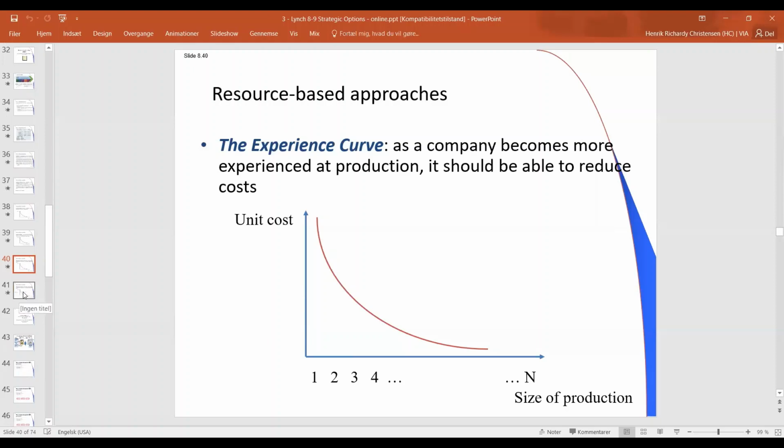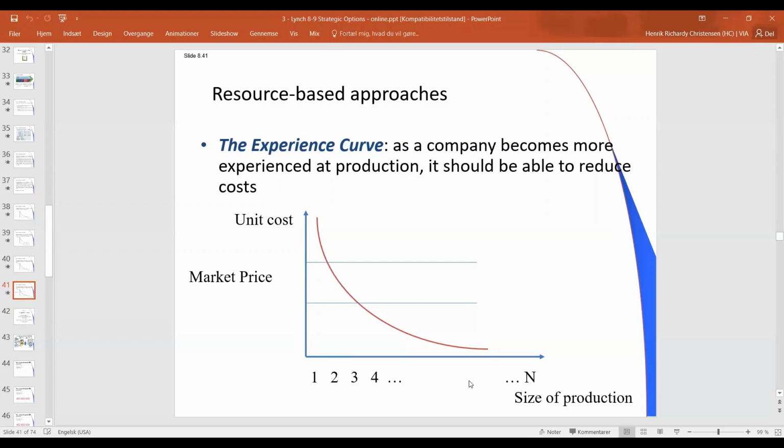And the last slide. If we put in the market price, then imagine that you are entering a new market. And then you say, okay, my costs are right here, right now. And the market price in the market I want to enter is between these two lines here. And then on a strategic level, you can decide, well, I believe that when I start to produce more, I get more experience.